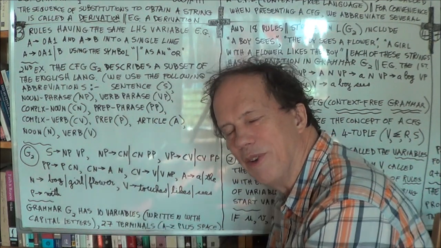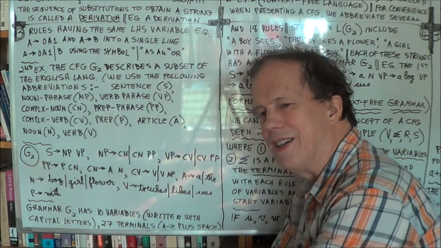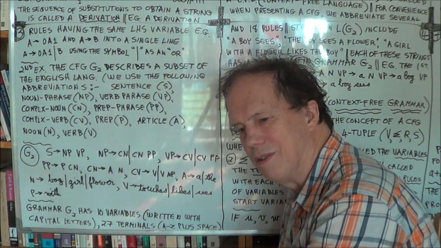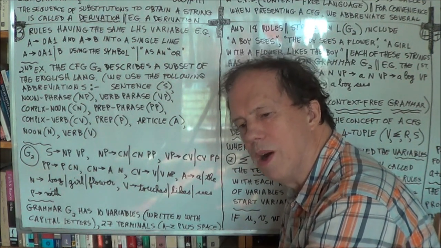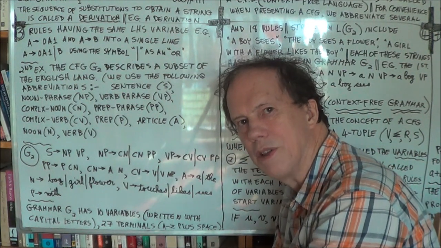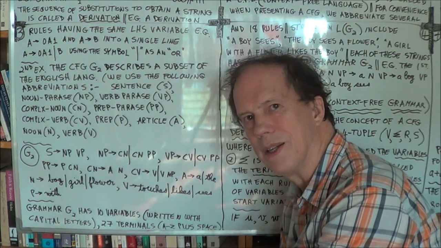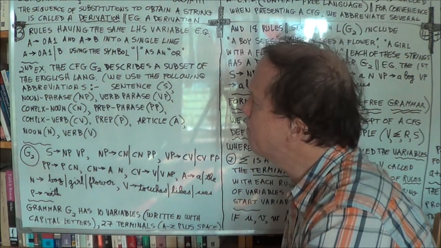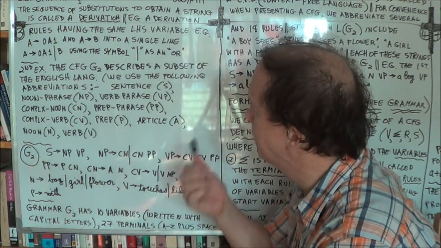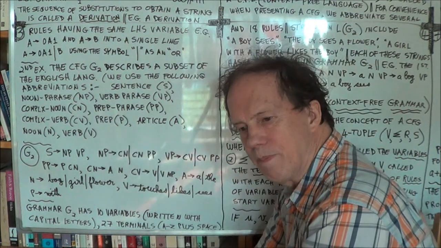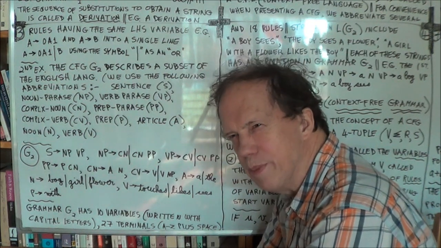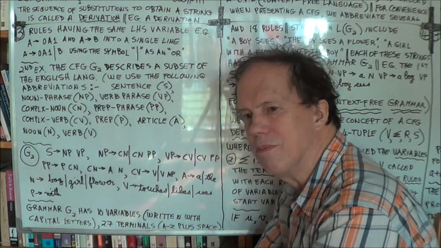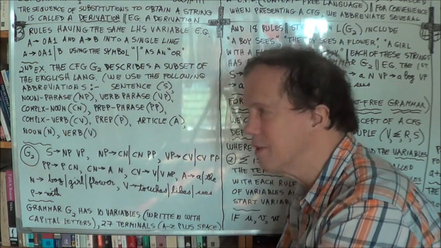That's another way of defining context-free. There's no context. You're looking at just one variable, and you substitute that for whatever's on the right-hand side of your rule. So in this context we'll be talking about verbs and noun phrases and verb phrases and whatnot.